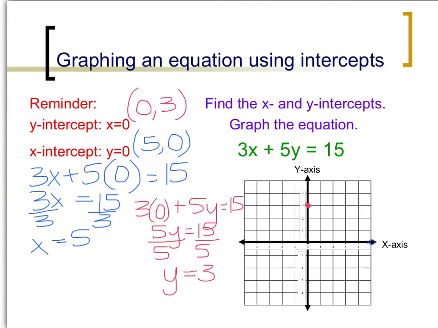Plotting that point there. Now, we only need 2 points to graph a line. So from here, I will connect my points to create that line. Make sure that you label your ordered pairs. This point is 0, 3, and our x-intercept is 5, 0.